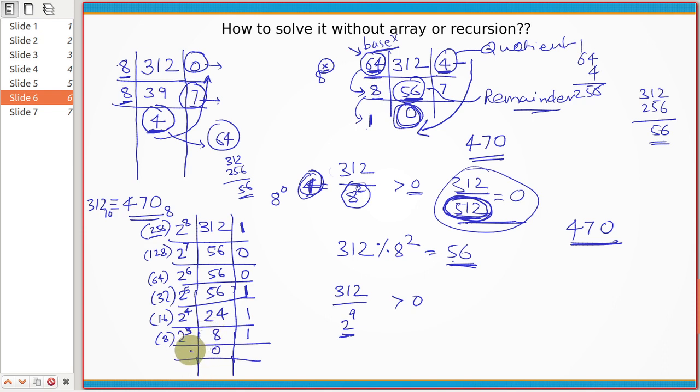Yes or no? So if you further divide this by 2 raised to 2, what would be the answer? This is 4, so this will be 0, this will be 0. Again do it by 2 raised to 1, this will be 0, this will be 0, and then this would be your answer, right?